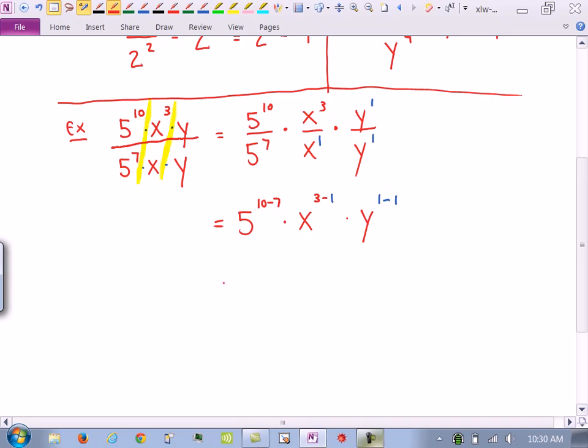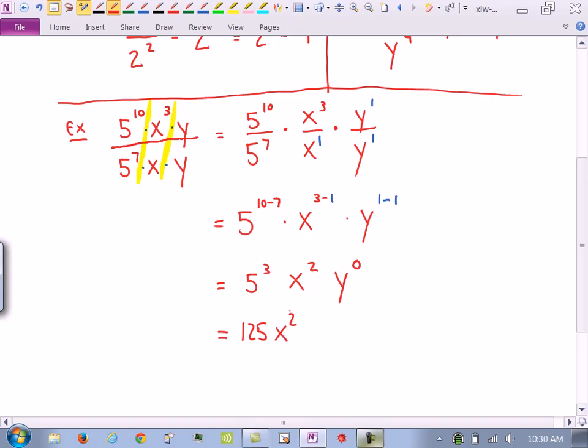So let me write my final thing here. I have 5 to the third, x to the what? Second, and then, well, y to the 0, which it's not going to be there on my final answer, is it? So here's my final line. What is 5 cubed? 125, x squared, and then y?